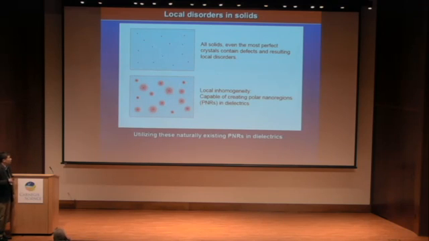Also, this local inhomogeneity, there's a hypothesis, creates what they call polar nanoregions in dielectrics. These are disconnected polar nanoregions, and macroscopically it does not show any ferroelectricity at all. But we are interested in utilizing these naturally existing PNRs in dielectrics.